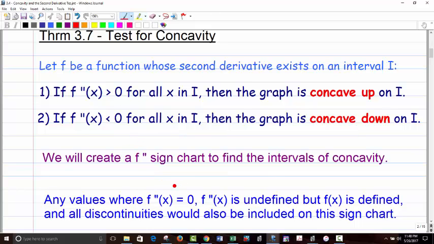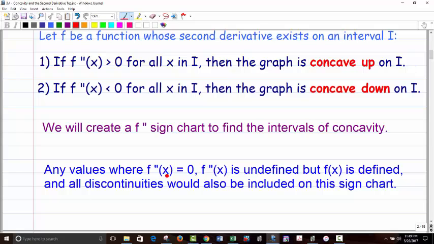We're looking for three things to separate our sign chart. It's where f double prime of x equals 0, where f double prime of x is undefined yet f of x is defined, and discontinuities. You may recall we did that with f prime, and that's where you have those fractional exponents, like x to the 2/3. Just like it causes a critical number for the first derivative, it causes a number we're interested in for this derivative.